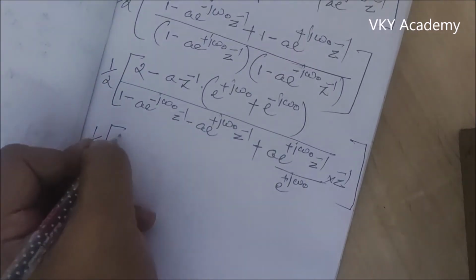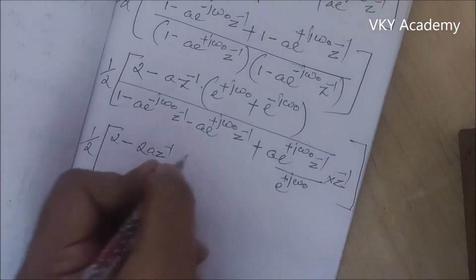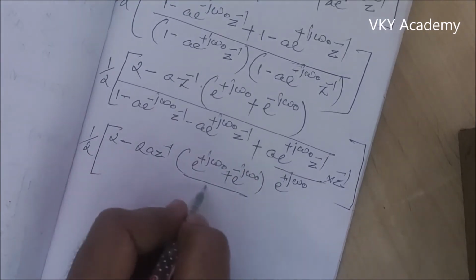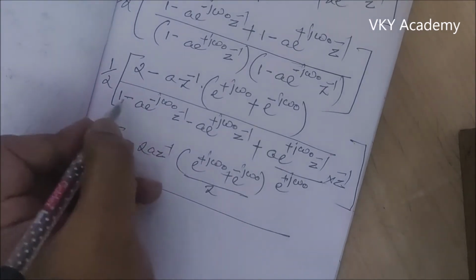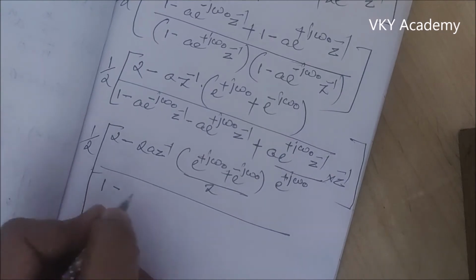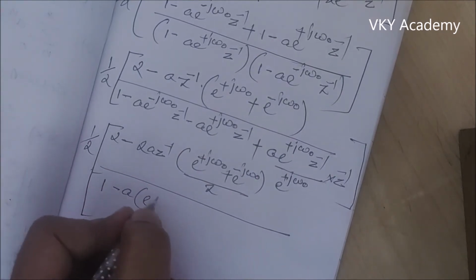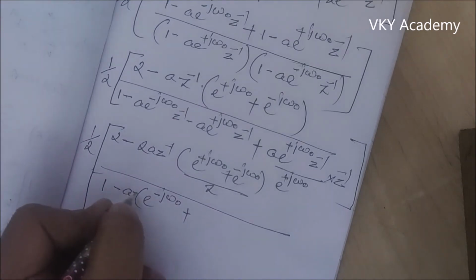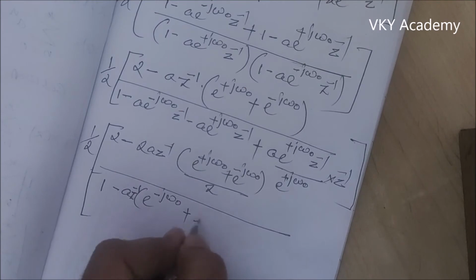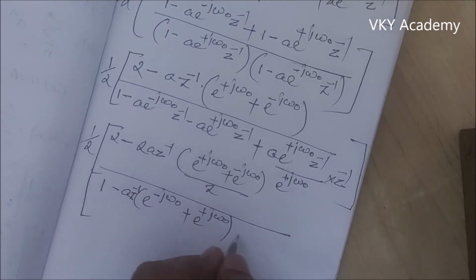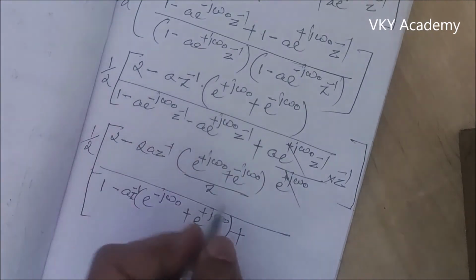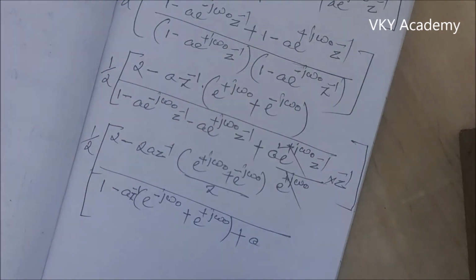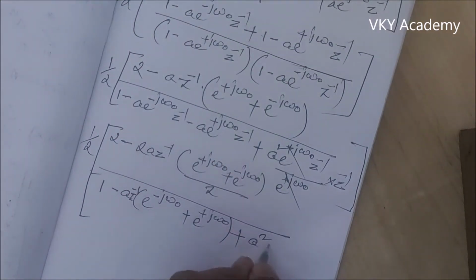So this will be 1 by 2, this is 2 minus 2 a z inverse into e to the power plus j omega naught plus e to the power minus j omega naught divided by 2, whole divided by 1 minus a z inverse into e to the power minus j omega naught plus e to the power plus j omega naught, plus this one cancels, we have a square, because a into a is a square z to the power minus 2.